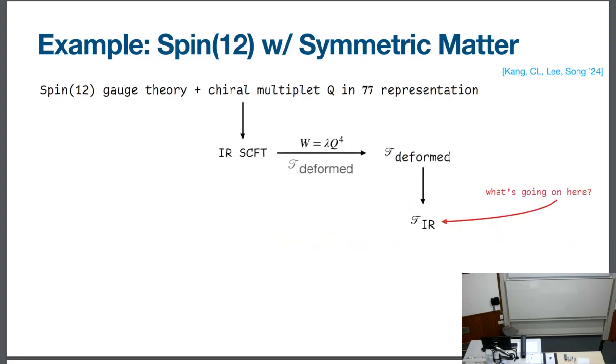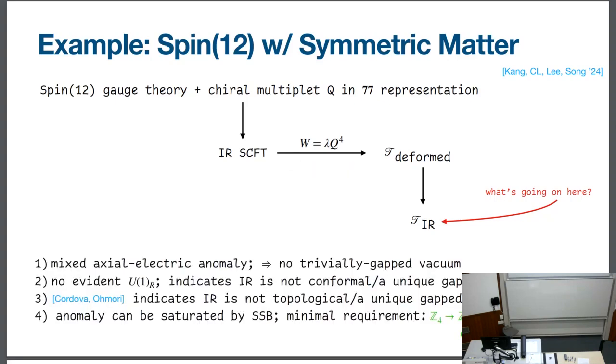So, for example, start with this gauge theory, flow to the infrared, do a deformation, and then flow into the infrared. What's going on here? There is an anomaly, so this theory does not have a trivially gapped vacuum. There's no obvious U(1)_R, which indicates that the theory is not conformal, so it's not a unique gapless vacuum.